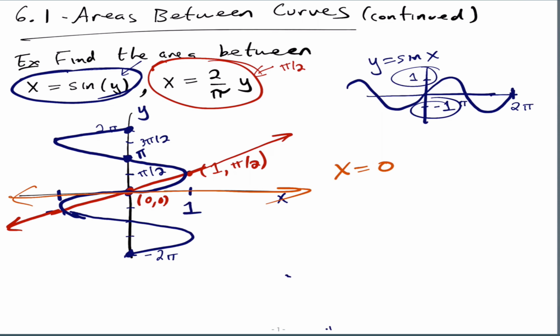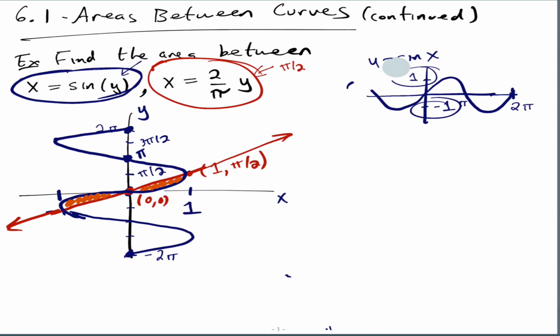Does that make sense? So even if it kind of looks like the horizontal axis or the vertical axis should be a boundary line, it isn't unless you're explicitly told. So what is the right area? It's this area right here. Okay, all right, good.